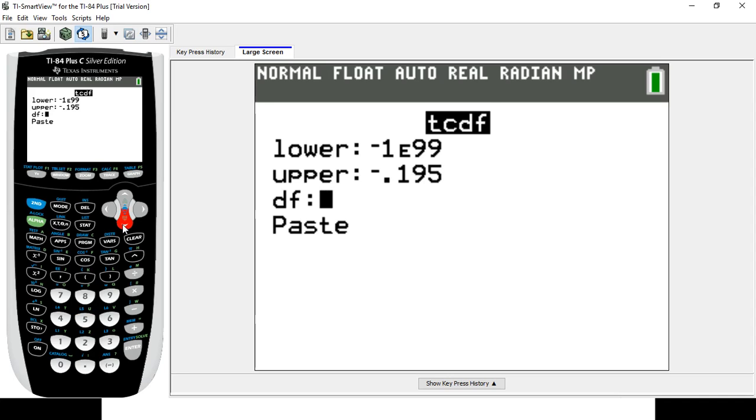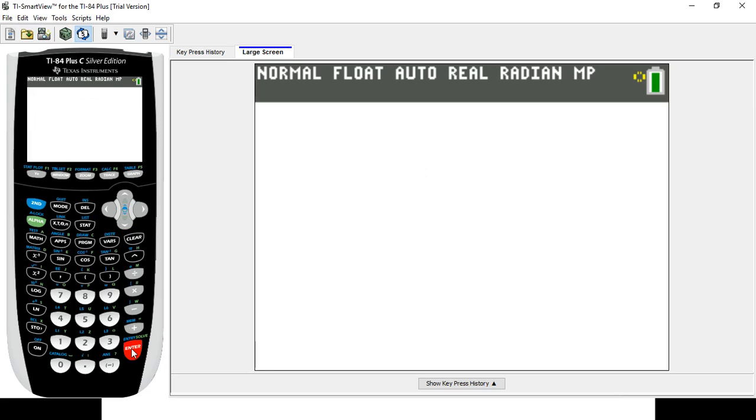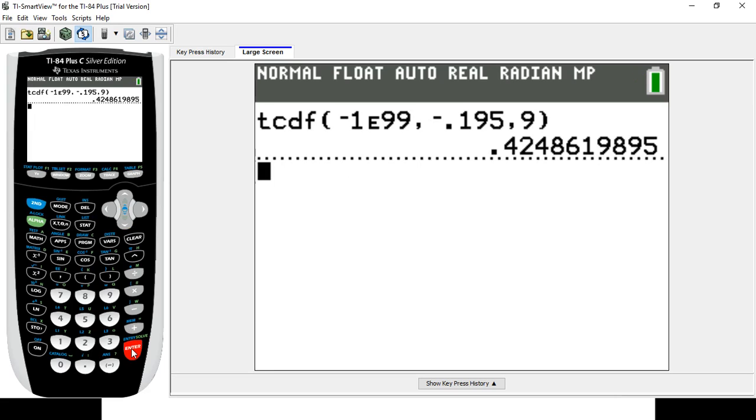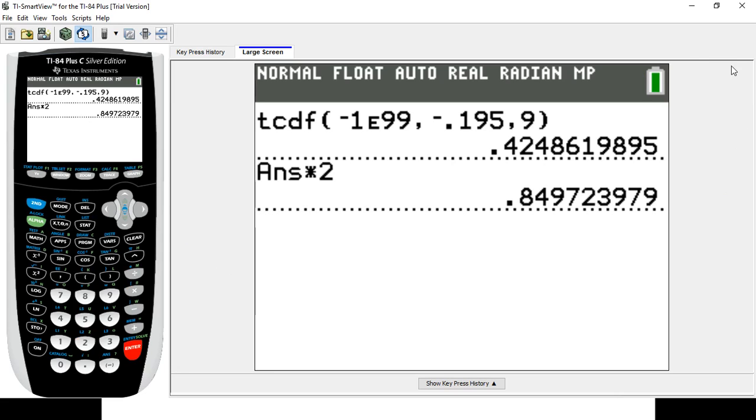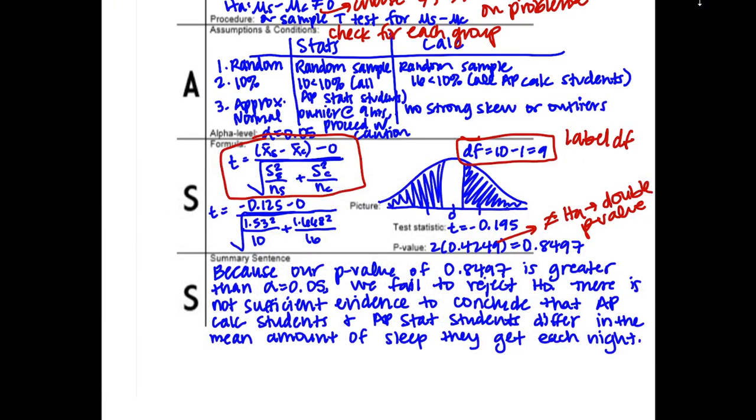My DF in this case is my smaller sample size minus 1, which out of the 2 we have 10 and 16, so 9 still. And then paste. And I got 0.4249. But then that is just the left side, and so with a not equal to, you have to shade both sides, and so what you do is just double, 0.8497. And so that's why I did that.